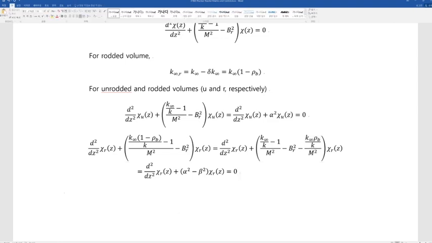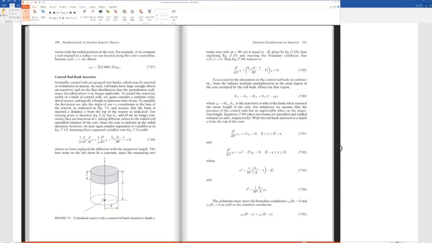So from here, we are going to apply boundary conditions. What would be the boundary condition in our textbook?